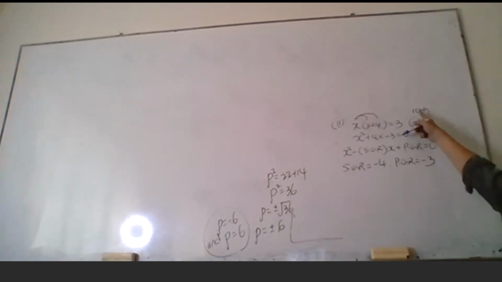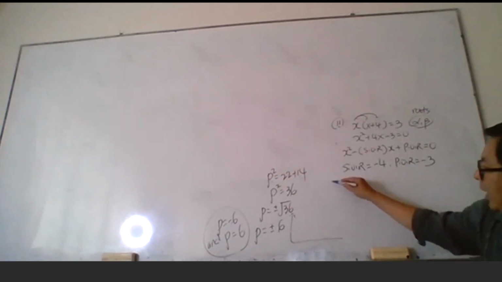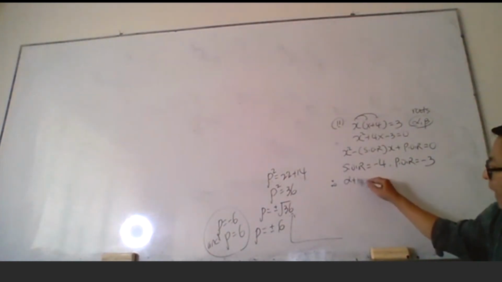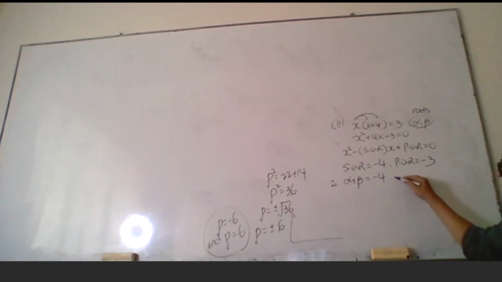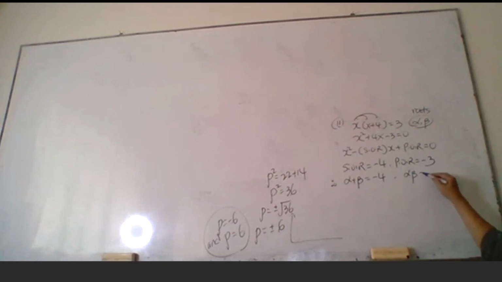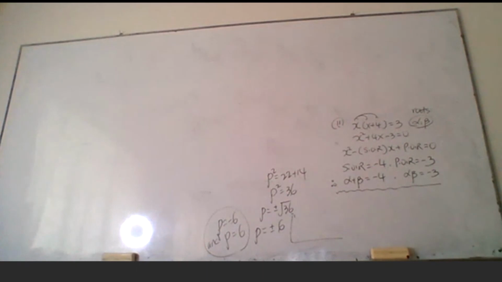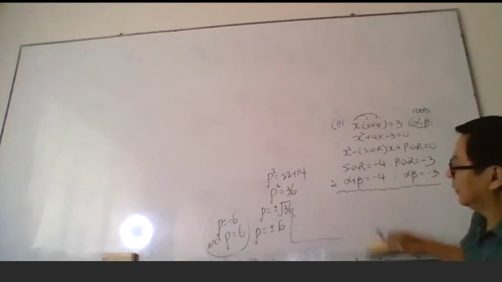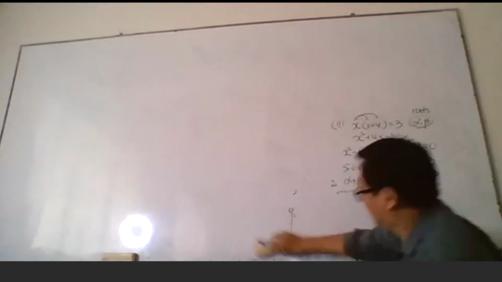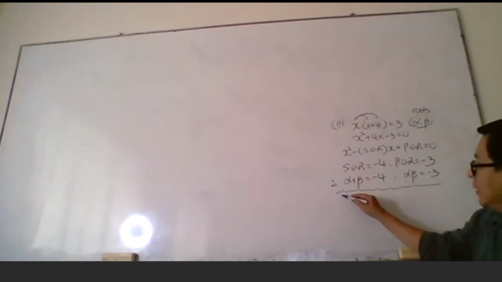And we know that alpha and beta are the roots. So therefore, alpha plus beta equal to negative 4, and alpha times beta equal to negative 3. Okay, this is the first part of the question. So for the second part, we need to form an equation.